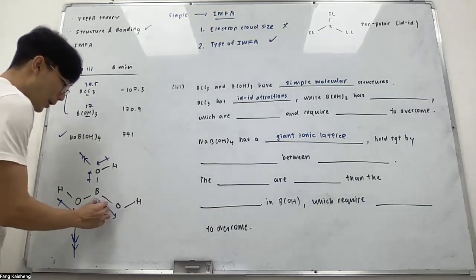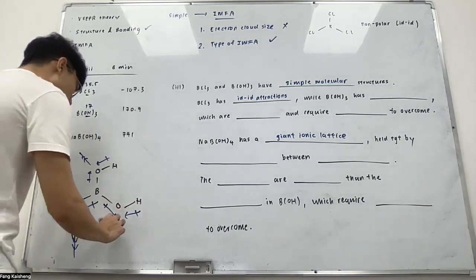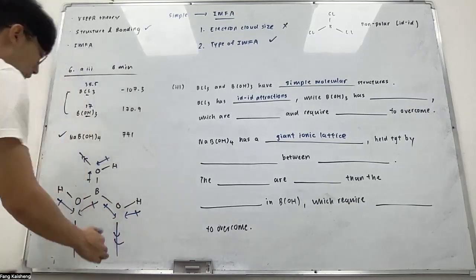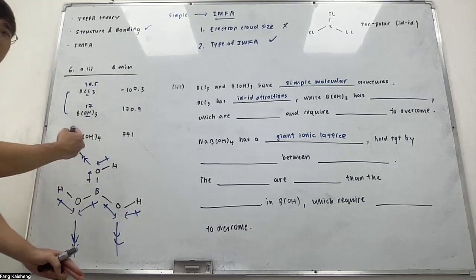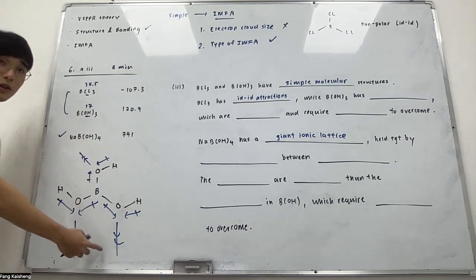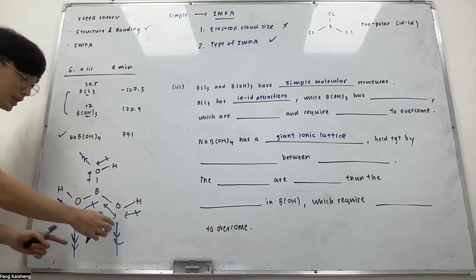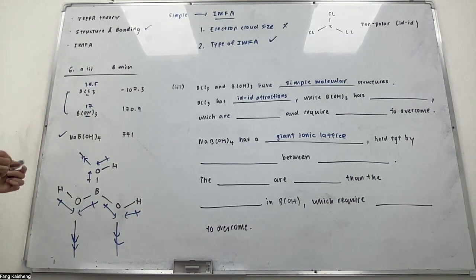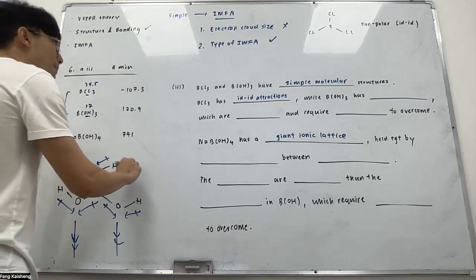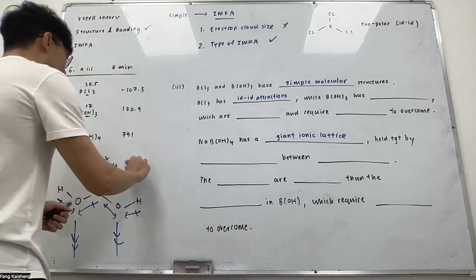Two arrows are pointing downwards and one arrow is pointing to the side. Does this side arrow cancel out the bottom arrows? No. These arrows don't cancel each other out. So because of that, there's an overall dipole moment. B(OH)3 is polar.